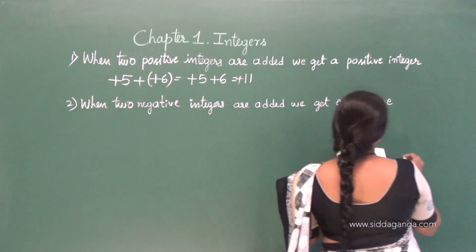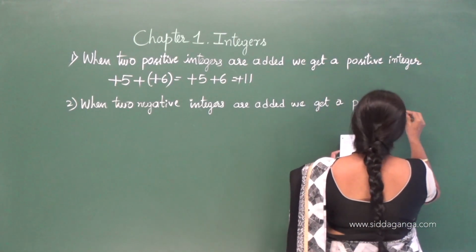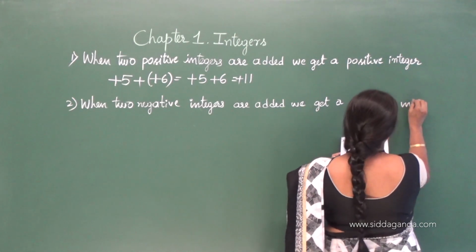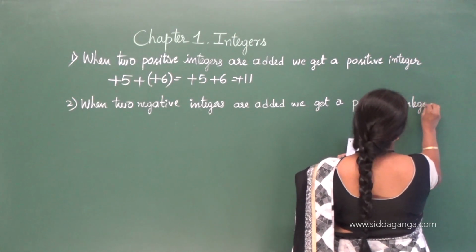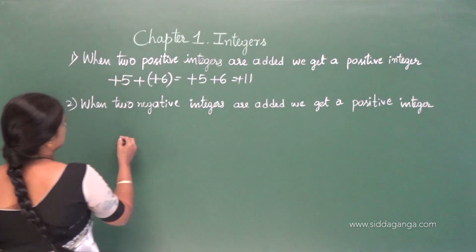Before telling whether it's right or wrong, we have to take an example and check. So let's take an example. When two negative integers, take negative integers, I take -5 and -6.